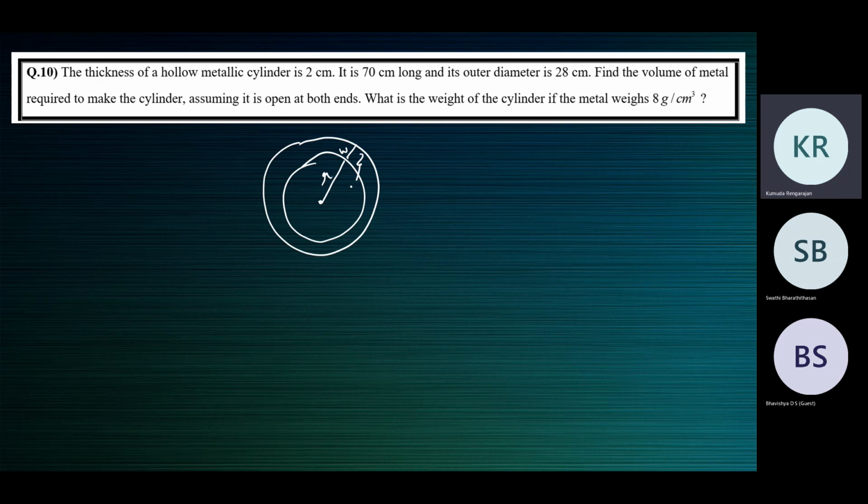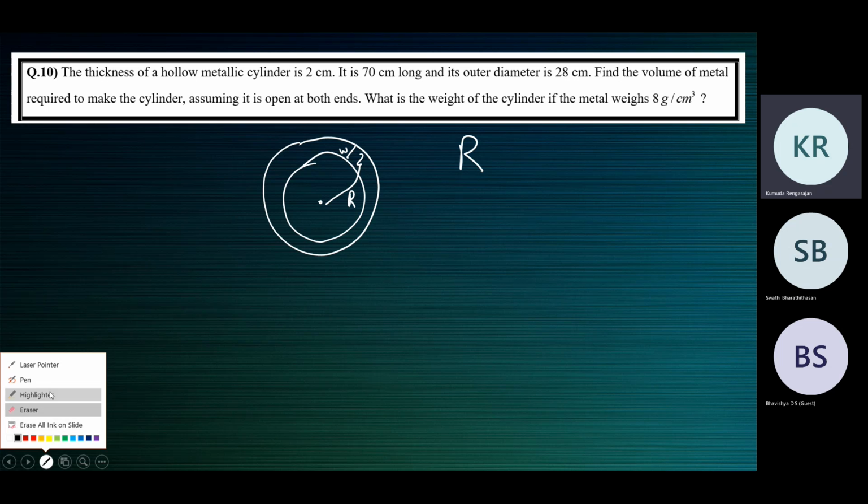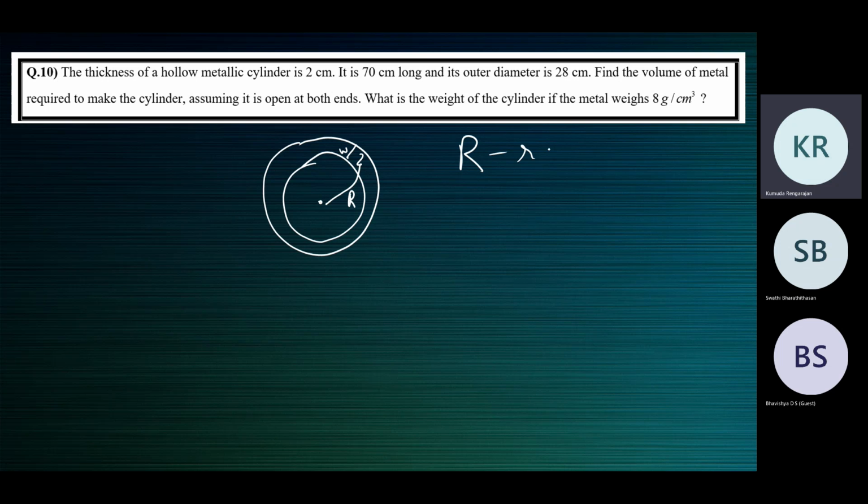This full thing is capital R, correct? Now from capital R, if you take away small r, you're left with the thickness. So capital R minus small r is the thickness of the material, or W is equal to capital R minus small r.